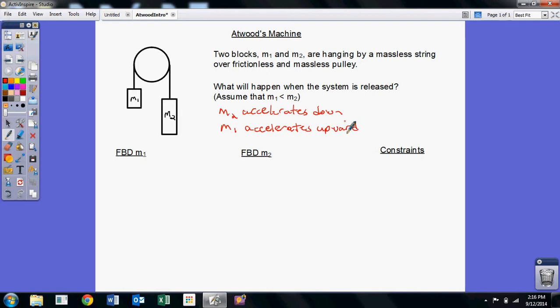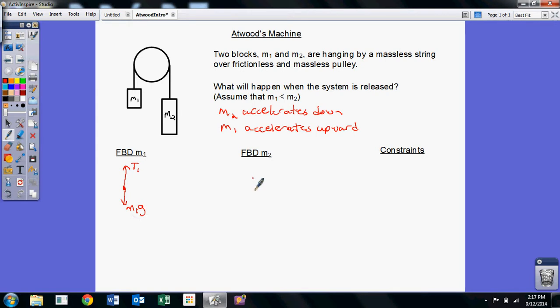So the state of motion of the system is going to be acceleration. And then, of course, we want to draw free body diagrams for each block. For M1, we're going to have a tension force T1 going up, and a weight force equal to M1 times little g going down.